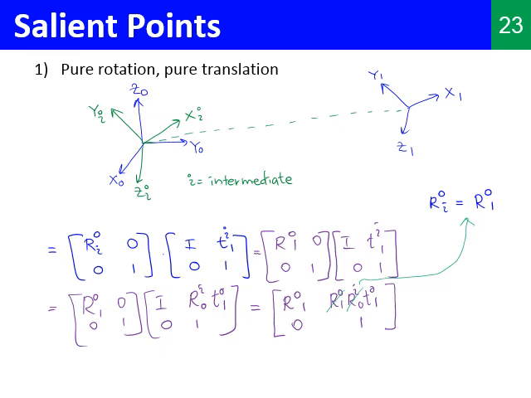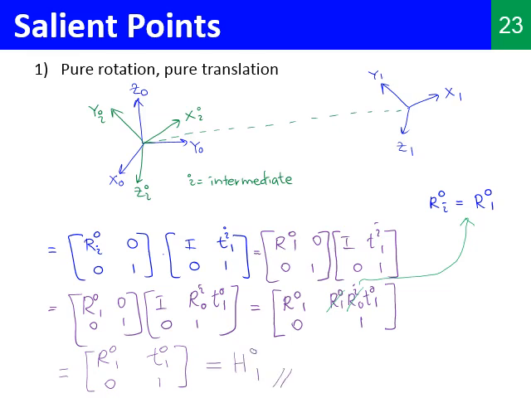Okay, so with that we get R01, 0, T01 and 1. So we managed to get rid of the intermediate frame I, and this is H01, which is what we need.